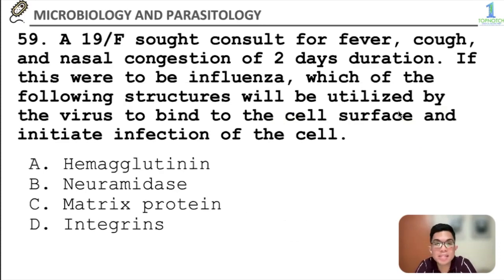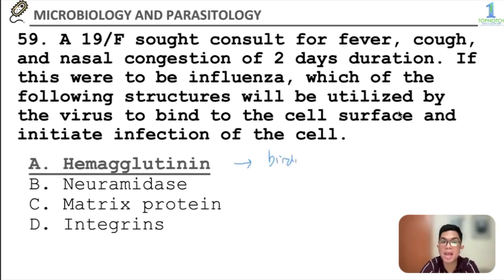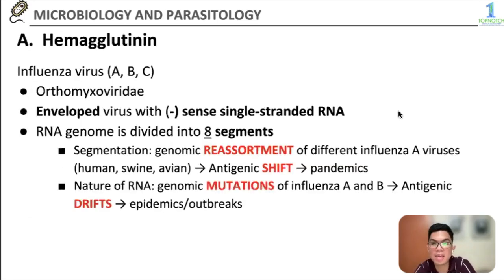Sige. So influenza, which structure is used to bind? So bind to the cell surface. That's your hemagglutinin. Okay? So binding in, hemagglutinin in, to bind in. Neuraminidase naman is for the release of your viral progeny. Okay? So again, influenza virus is part of Orthomyxoviridae. It's enveloped, negative sense, single-stranded RNA, and its genome is segmented.